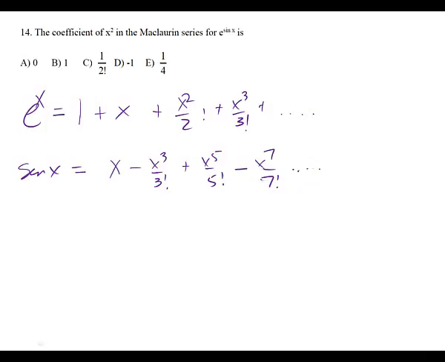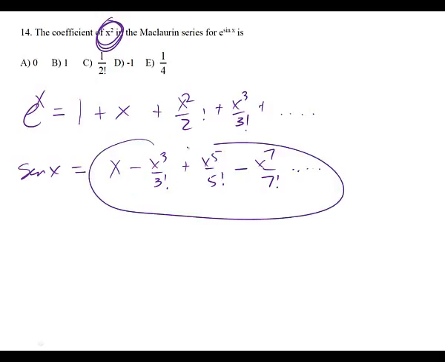We have to take e and substitute this into the series for e to the sine x. I need the coefficient for x squared. So all I really need to do is take this and substitute it into the x in there, right?